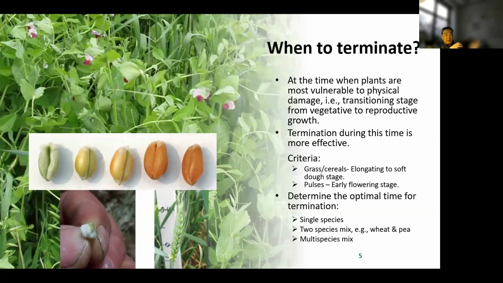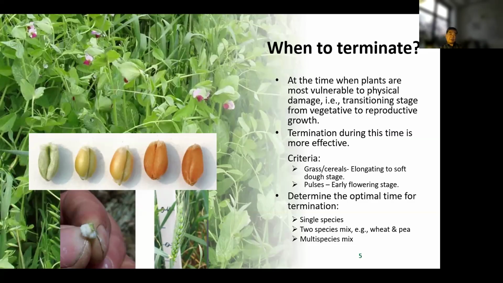And when they start the reproductive growth stage, they don't put a whole lot of energy into the growth, so they start to shift their energy into flowering and producing seeds, and at this time they are a lot more vulnerable.